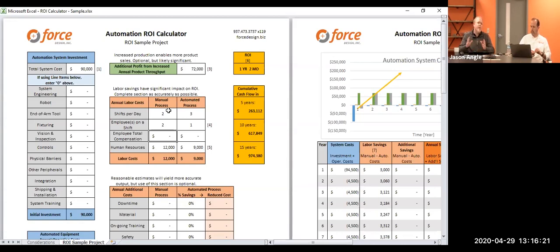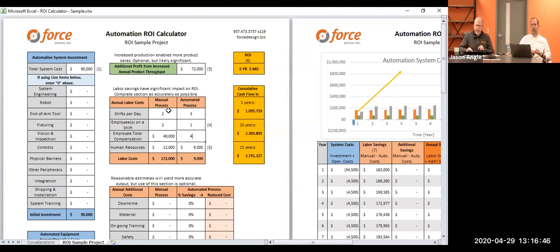But if you're taking an area and you're transitioning operators out, but you're bringing in, say, a controls engineer or a highly skilled maintenance person, your employee total compensation may be a little bit higher with the automated process. That's something to pay attention to. In our example today, it was the same level of operator, and total compensation costs were $40,000 per year.